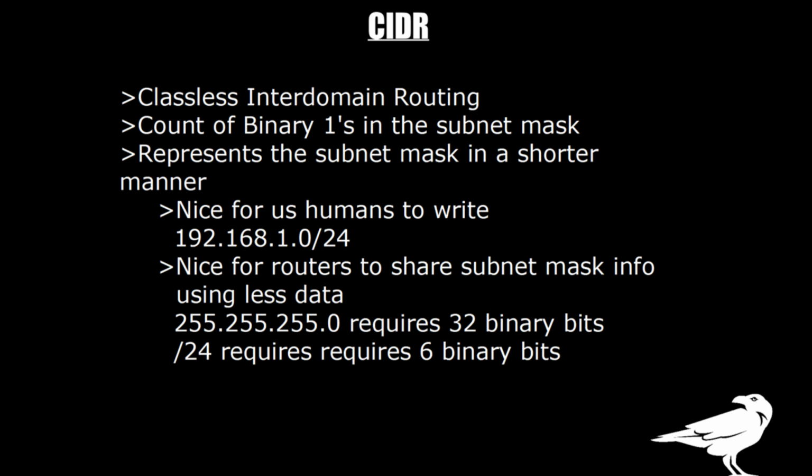Now, to make that sharing of information a bit more efficient, instead of sending the 32 binary bit subnet mask like 255.255.255.0, we could send a value between 0 and 32, which only requires 6 binary bits, making it a little bit more efficient and quicker for routers to share routing information with each other.